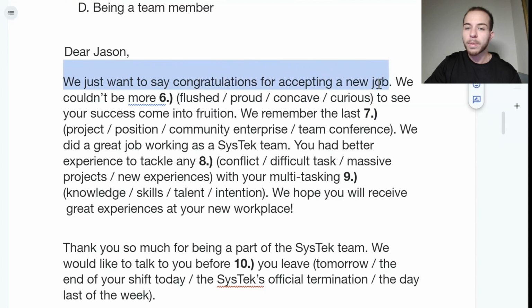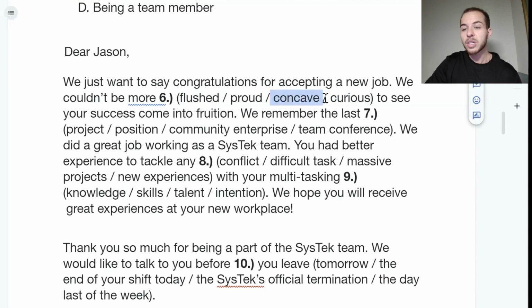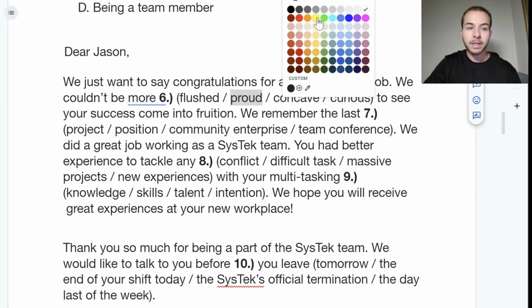We couldn't be more proud to see your success come to fruition. So this is a very positive sentence. Proud, positive statement might be correct. Flushed does not work because that's similar to embarrassed. Concave, no, that doesn't fit grammatically here. And curious, they don't ask a question. So proud seems the most fitting.